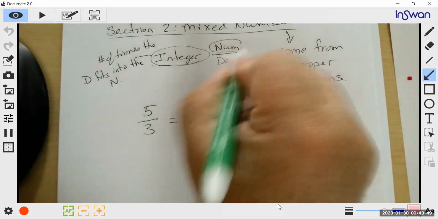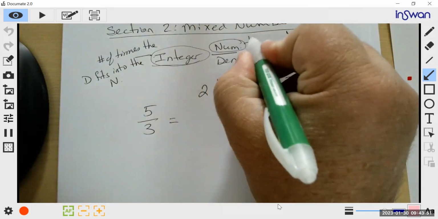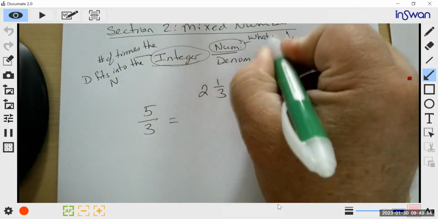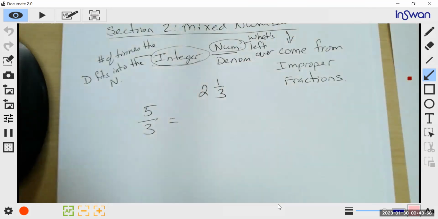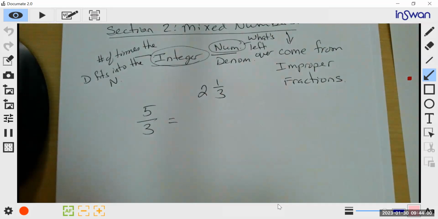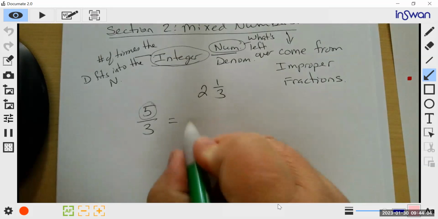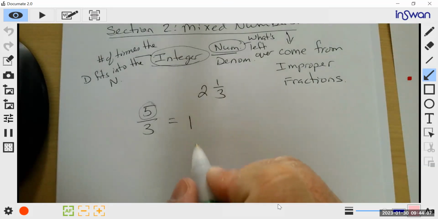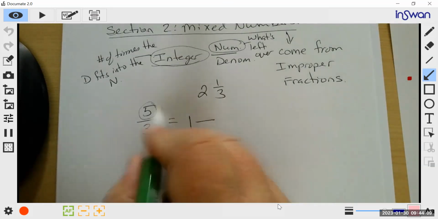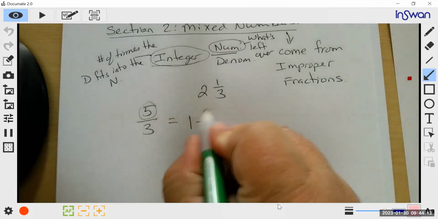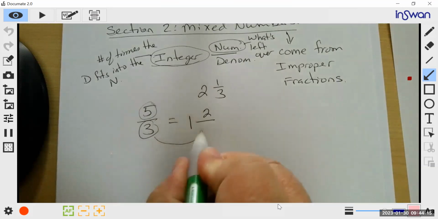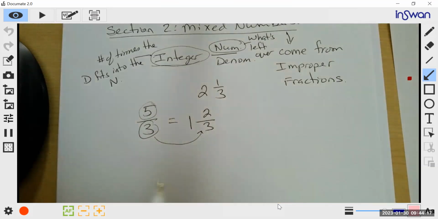The numerator is what's left over. So how many times does 3 go into 5? It goes into once. So what's left? If 3 goes into 5, what do we have left? The bottom number is always the same. If it's a bottom number here, it'd be bottom number here.